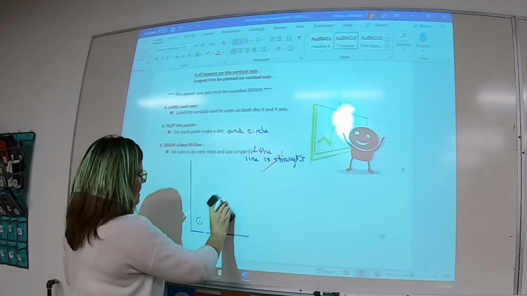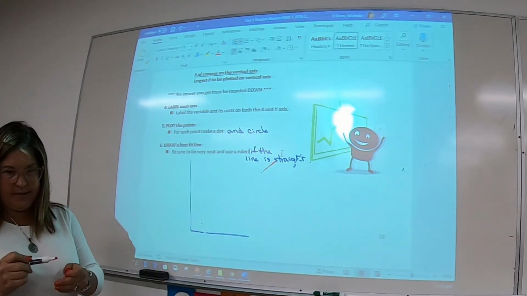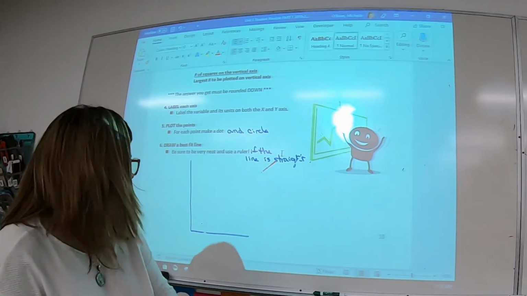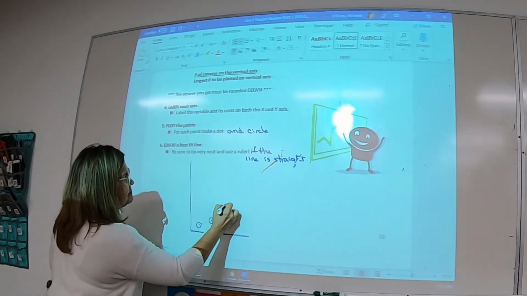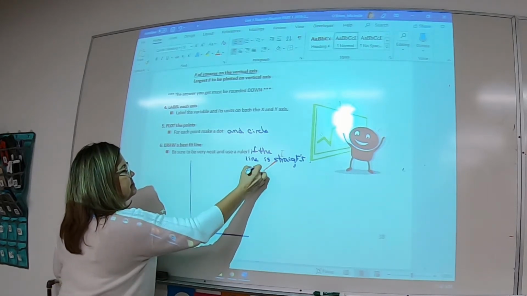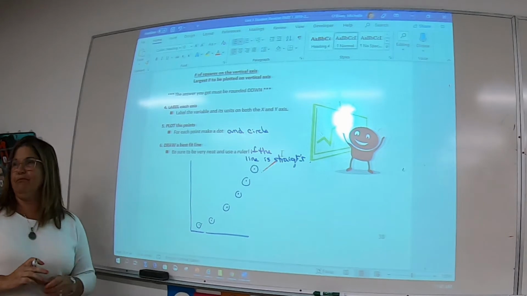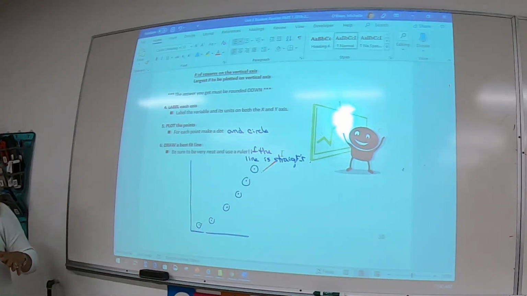Perhaps my line looked like this. Let me change color again. Like that. That definitely has a trend, but it is curved.